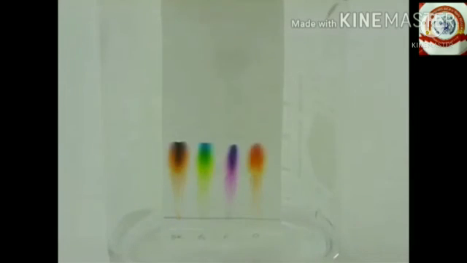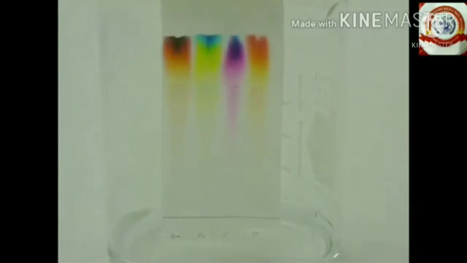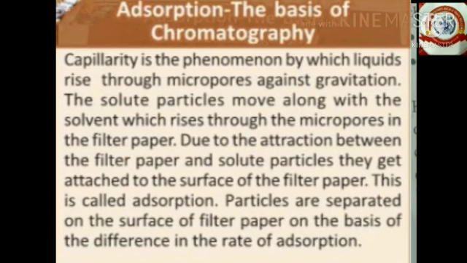Do you know what could be the reason for the color rising through the paper? There are micropores in the filter paper. The solution rises through the capillary tubes formed by the micropores. The appearance of different colors is due to adsorption. Capillarity is the phenomenon by which liquids rise through micropores against gravitation.